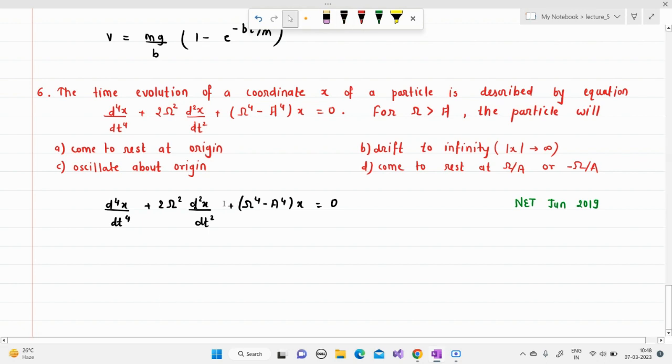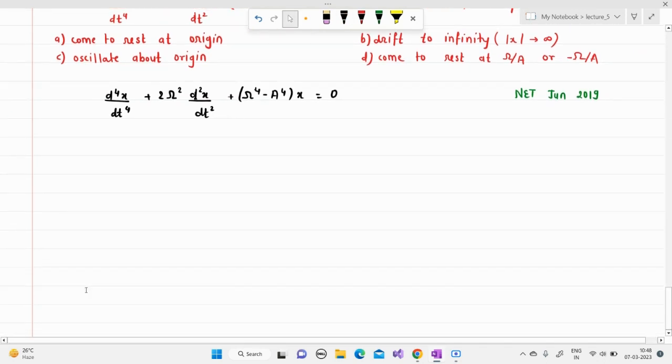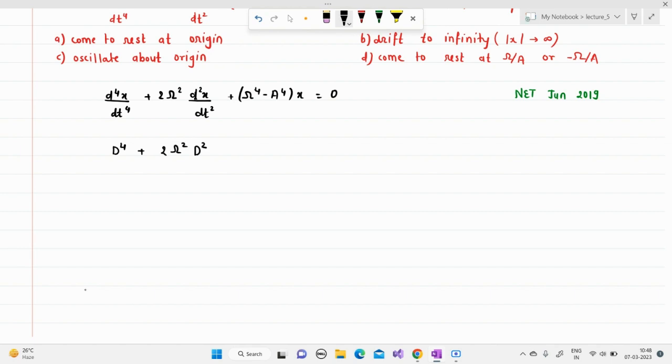Okay, so we have to solve it with the approach that I discussed in the last lecture: D to the power 4, where D is d by dt, plus 2 omega square D square plus omega power 4 minus a power 4, all into x equal to 0.